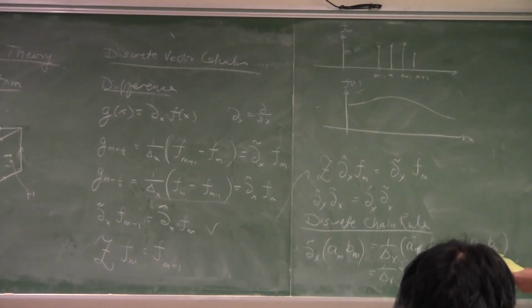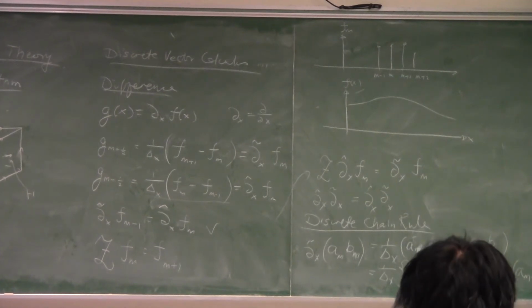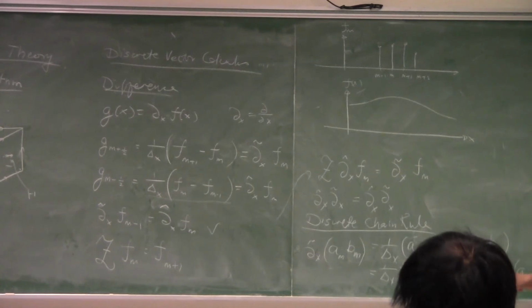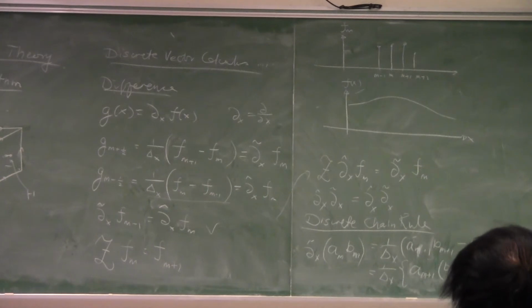You can always rearrange terms so that it can be written as such. You can see that some of the terms will cancel each other: A_{m+1} B_m and A_{m+1} B_m cancel. So this is just another way of rewriting the above.